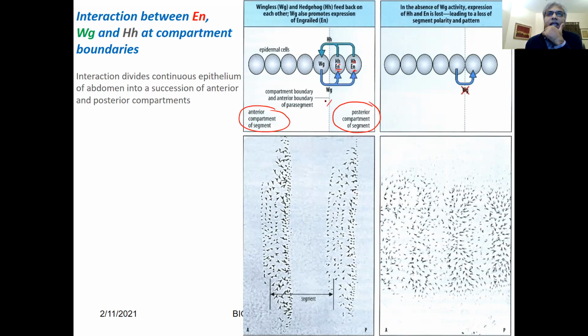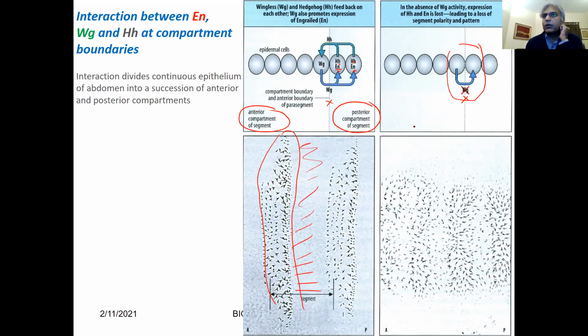If you disturb this signaling, like here, if this crosstalk or interplay between wingless and hedgehog is not taking place, this is the phenotype. So this is the wild type. You see the anterior compartment of the segment, and what we see is that the denticle belt is there, and then the posterior compartment is naked.